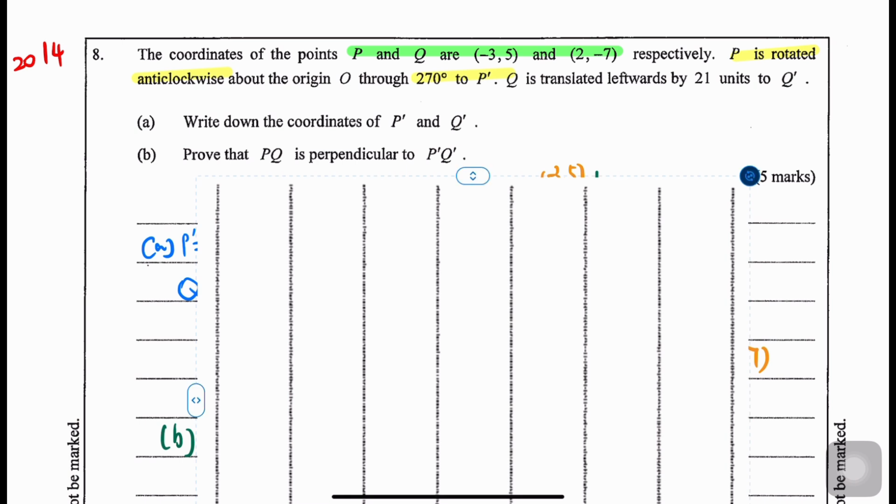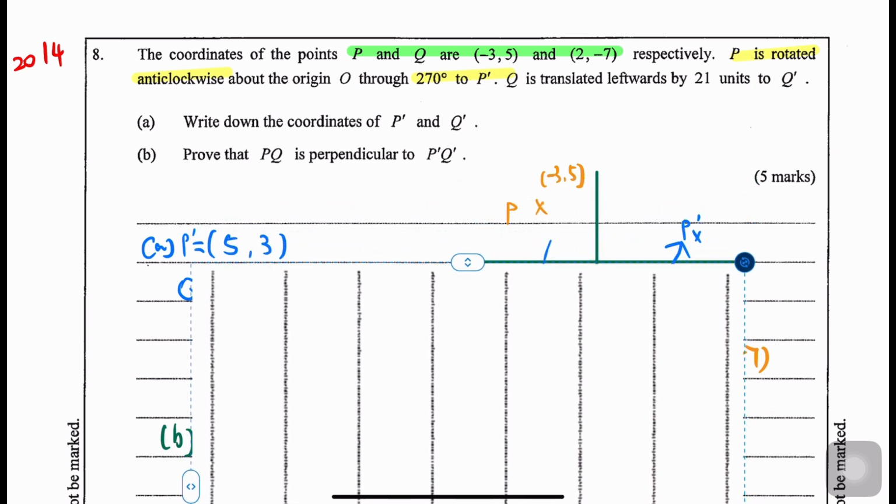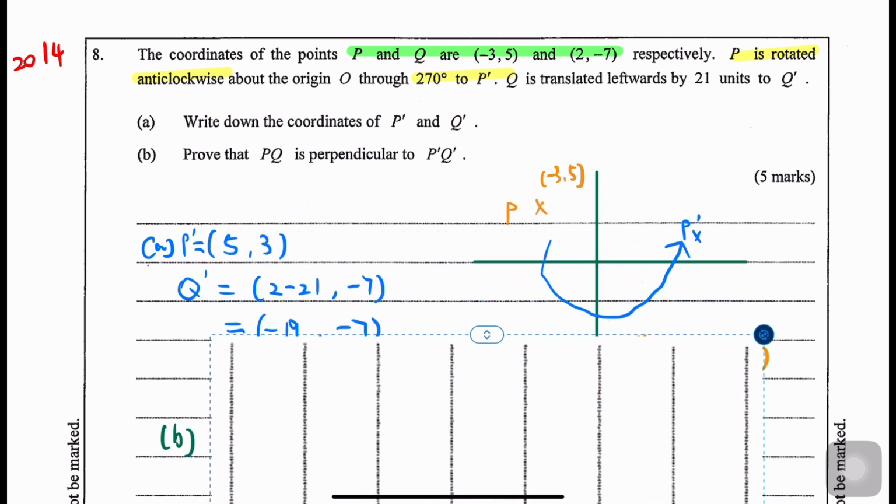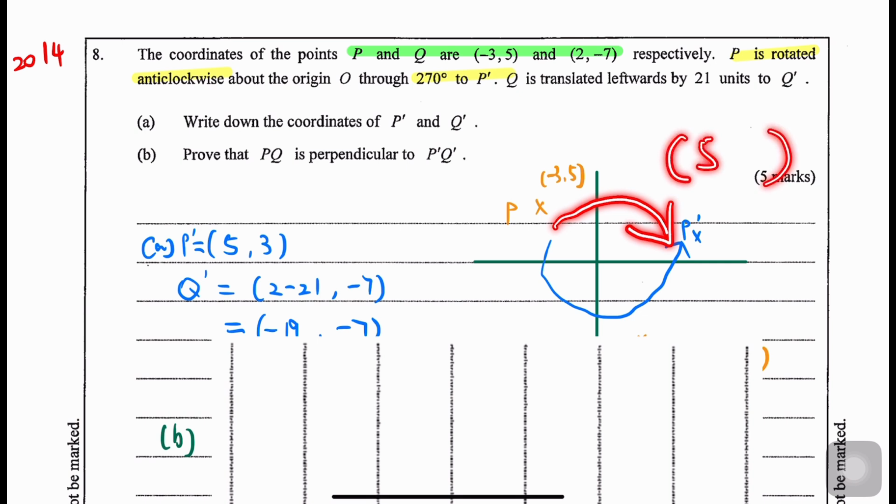First we talk about P dot. It is standing here, and anti-clockwise 270 actually equals clockwise 90 degrees, right? Clockwise 90 degrees means swapping x and y first, so 5 and then 3. In this quadrant it should be positive, so the answer is 5, 3.